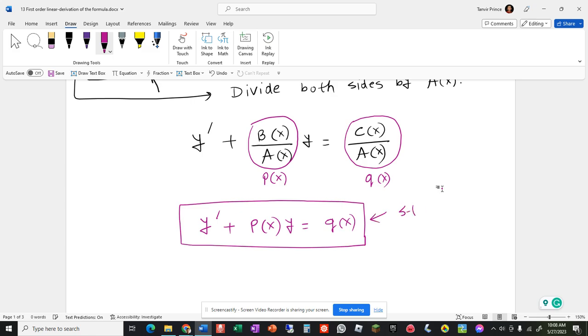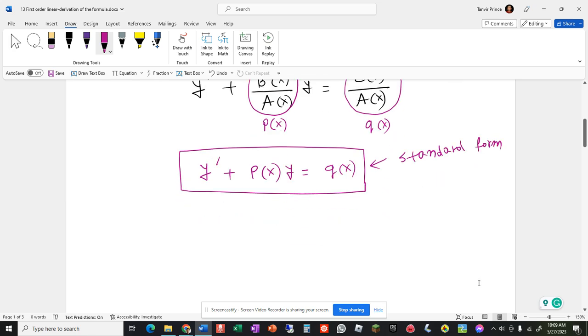So this is the standard form. When you solve a first order linear equation, almost always you have to express it in the standard form. In other words, just make the coefficient of y prime 1. If you have any function as a coefficient of y prime, for example x squared or sine x, divide both sides by that function to make it standard form.